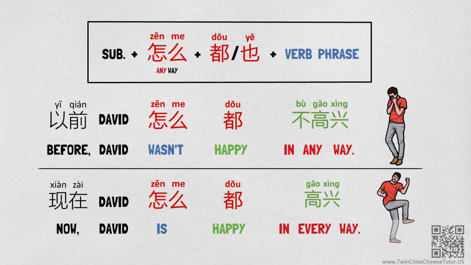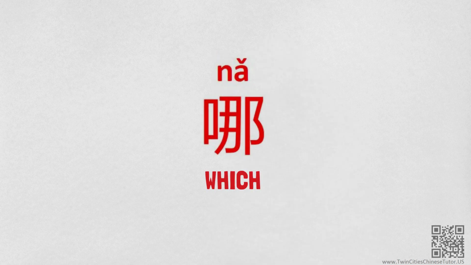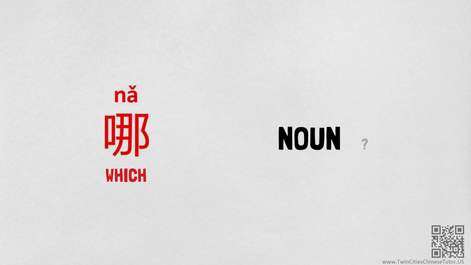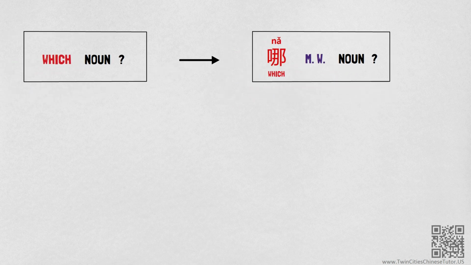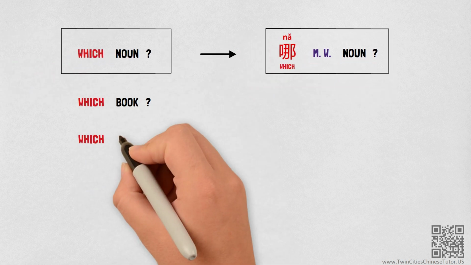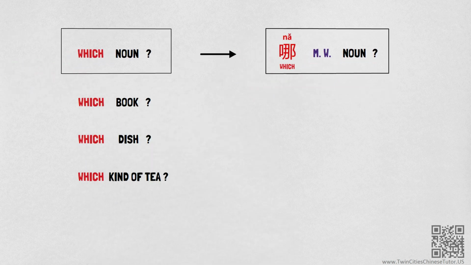When it comes to using the question word for which, 哪, however, there are two twists we need to be aware of. First, different from English, when we want to ask which noun in Chinese, we always need to add a measure word in between them. For example, if David asks, which book, which dish, which kind of tea, which restaurant?